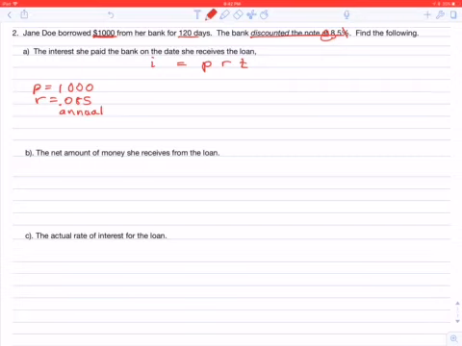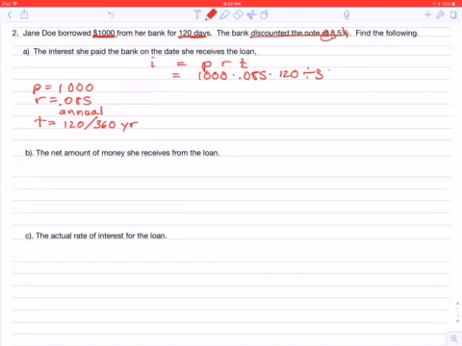So I'm going to need my 120 days in years. So to go from days to years, you take the number of days and divide it by the 360 days in a banker's year. So I have 1,000 for P, 0.085 for R, and 120 divided by 360 for T. So I get an interest of $28.33.